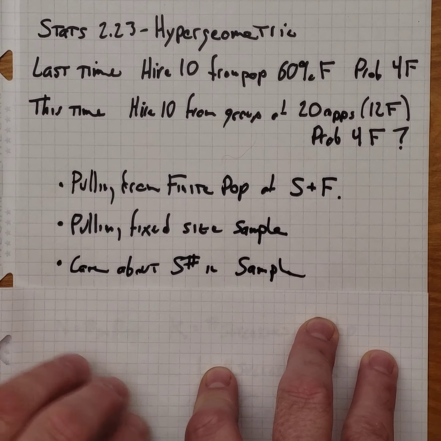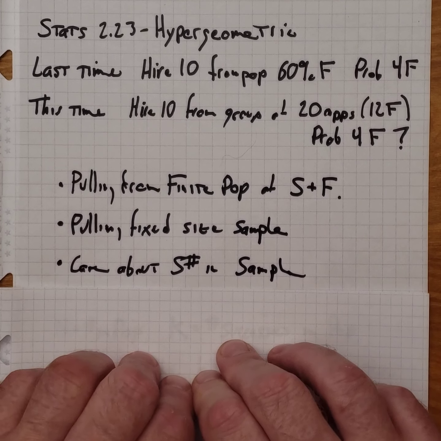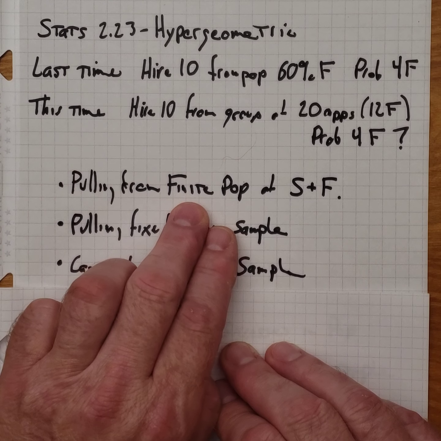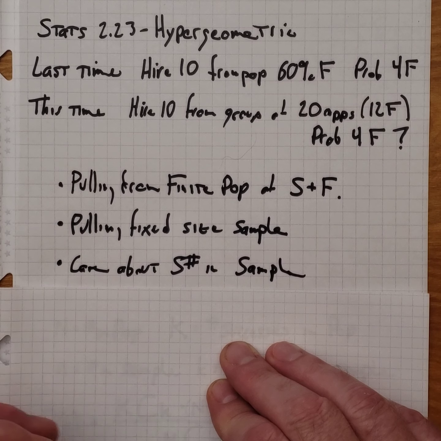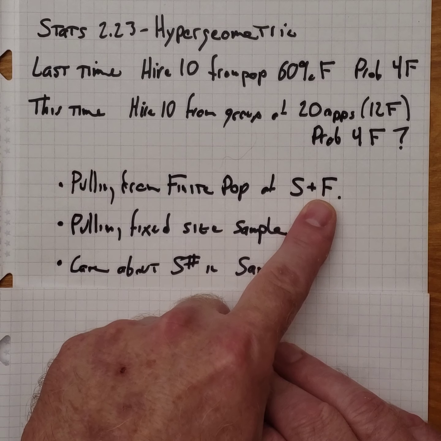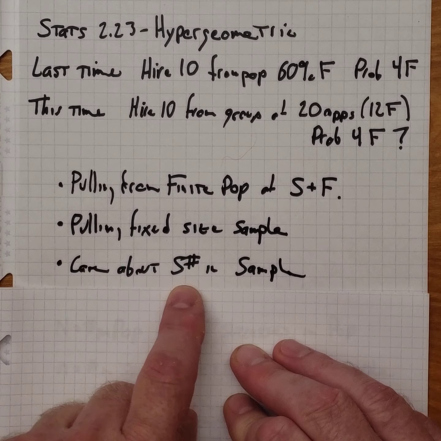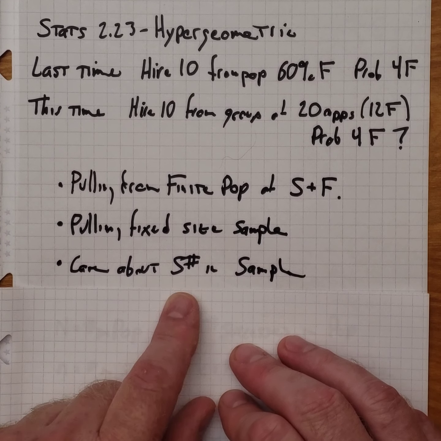Success is not good, failure is not bad. It just means fitting the description that we're looking at and not fitting the description. So we're pulling from a finite population. This is really the key because every time we draw somebody from the population is going to change the probability of the next one. The population is made up of successes and failures. We're pulling a fixed size sample, and we care about the number of successes we have in our sample.